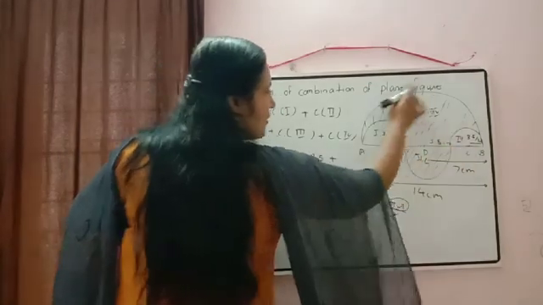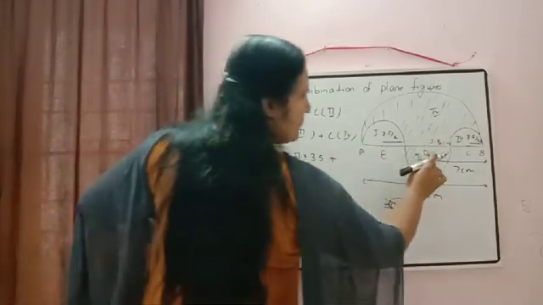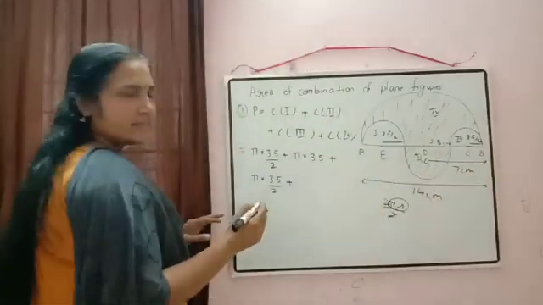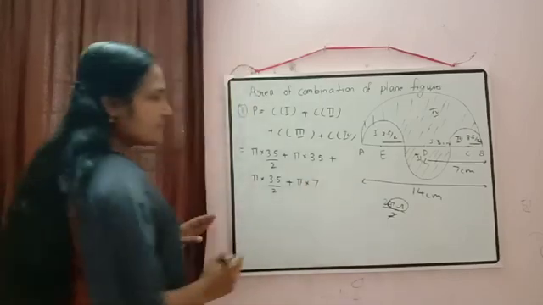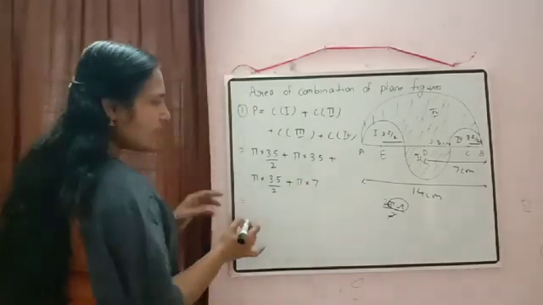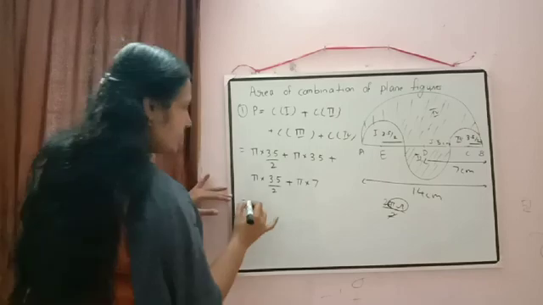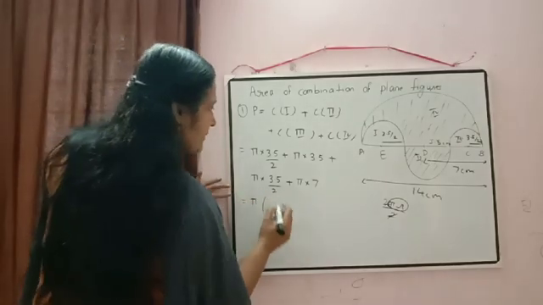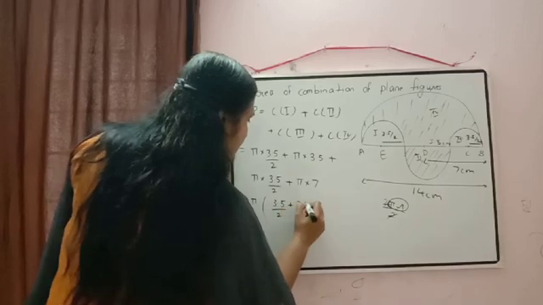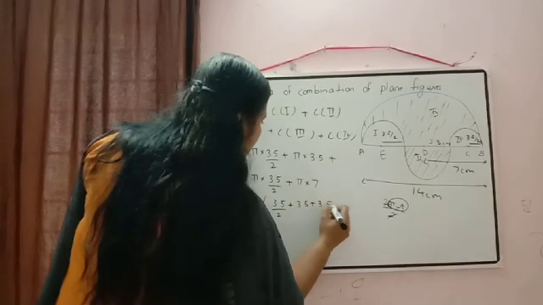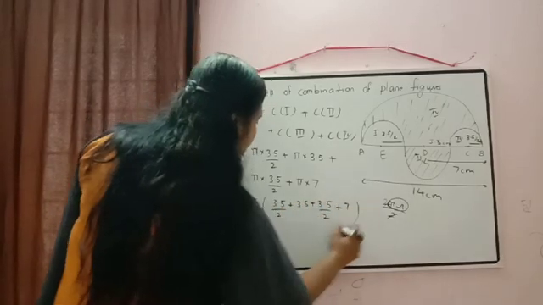And circumference of the fourth one, the radius is 7 centimeters, so that will be equal to pi into 7. Now is any common factor there? Yes, pi is common. Take it outside. Inside the bracket what will remain? 3.5 by 2 plus 3.5 plus 3.5 by 2 plus 7.